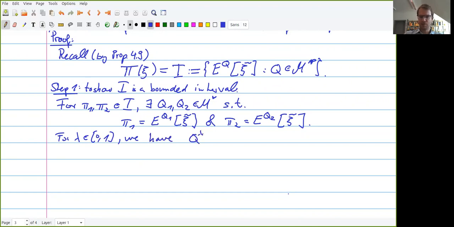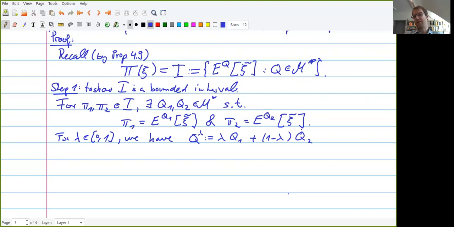Let's define a new measure, Q lambda, given by lambda times Q1 plus 1 minus lambda times Q2.